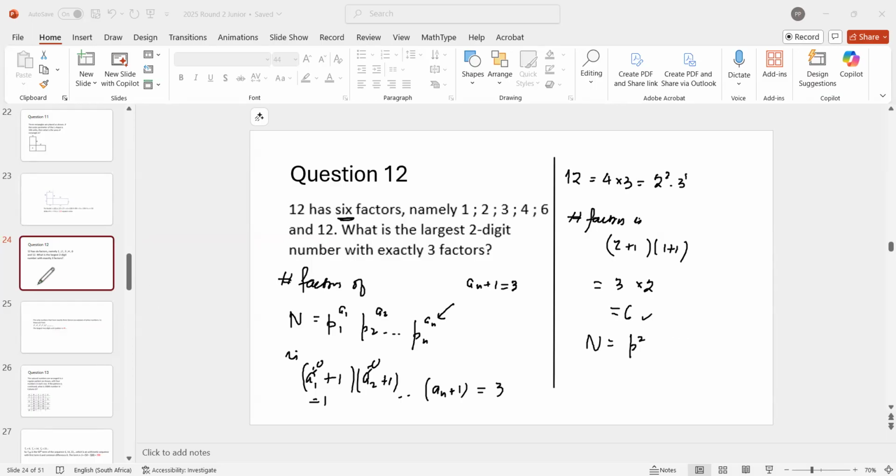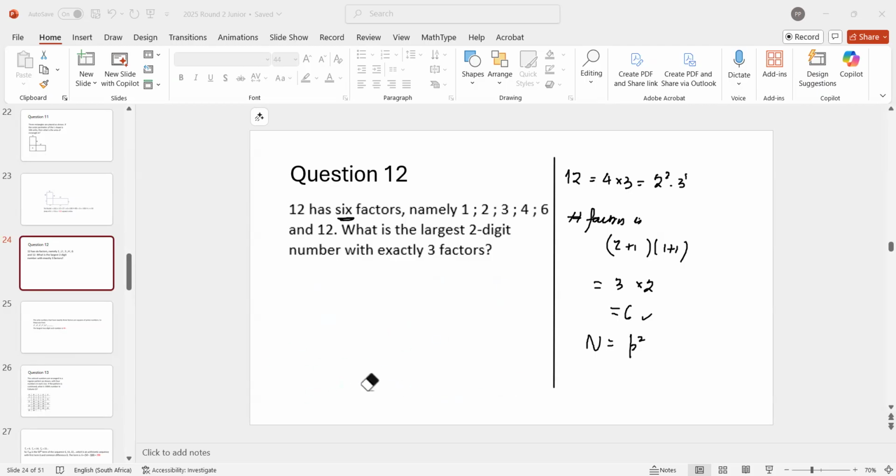All right, so you want to know what are the squares of primes. So n will have to be a square of a prime. And so what will it be? The primes are 2, so n is maybe 2 squared, or 3 squared, or 5 squared, or 7 squared, or 11 squared.